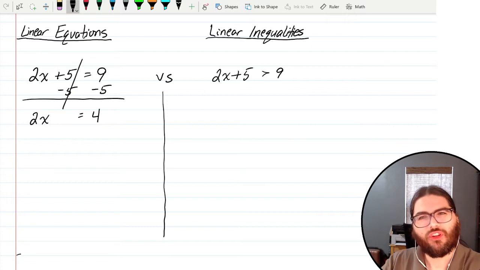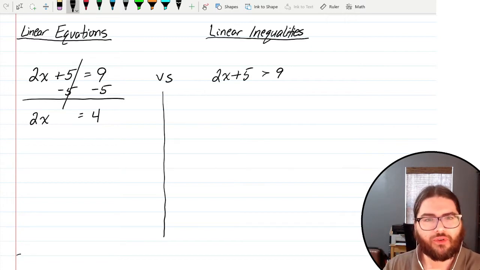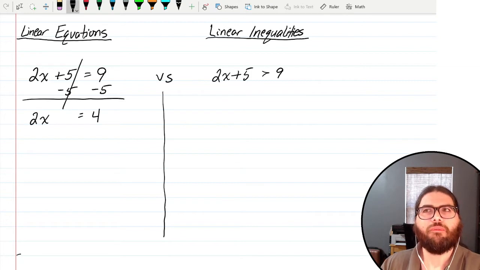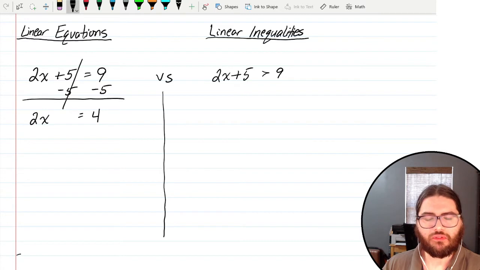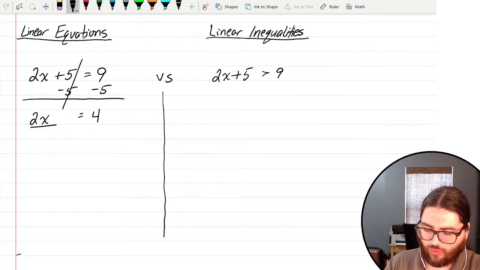The two sides of the equation stay in balance. I remember when I was in school, my teacher would always use the example of a balanced scale, that anything you do to one side, you'll have to do to the other in order for it to stay in balance.